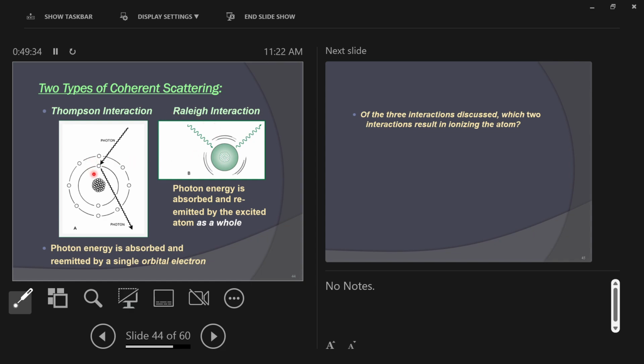A single electron or a single atom interacting with a single photon are the same thing. They're both coherent scatter. They just have different names for the different versions. So Thomson interactions are a form of coherent scatter dealing with X-ray photon interaction with a single electron. Rayleigh is a form of coherent scatter dealing with the atom as a whole.